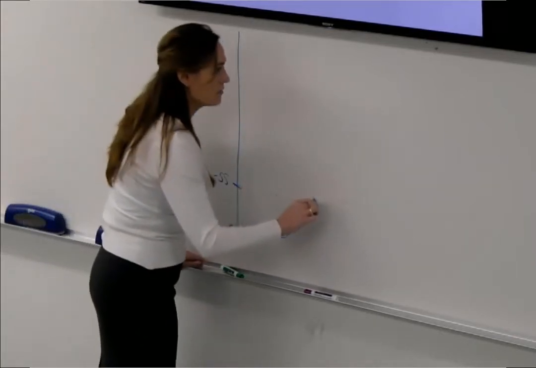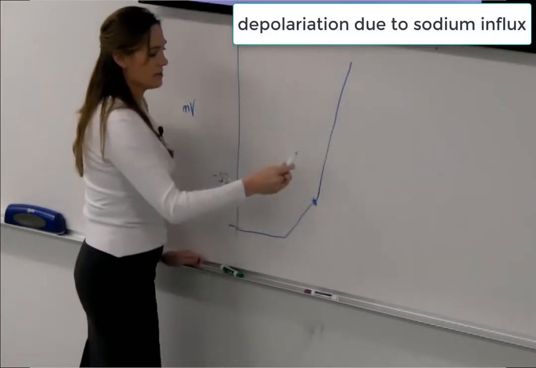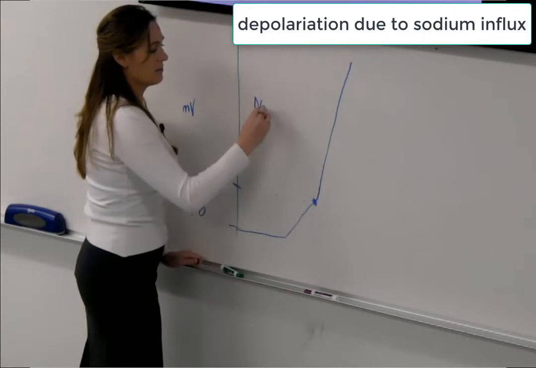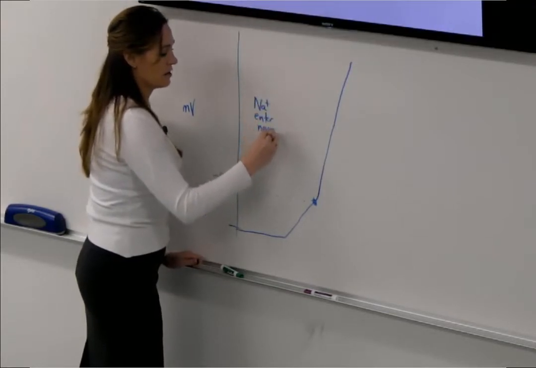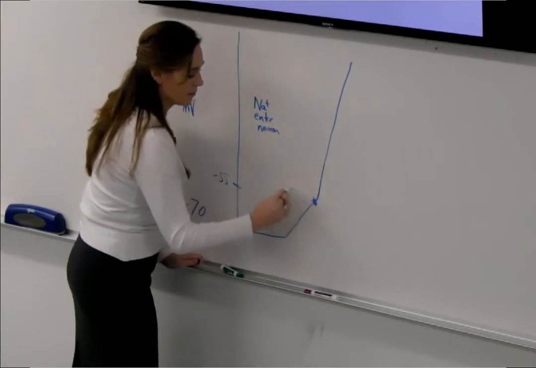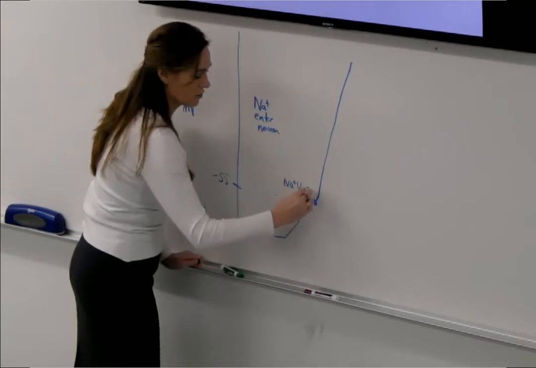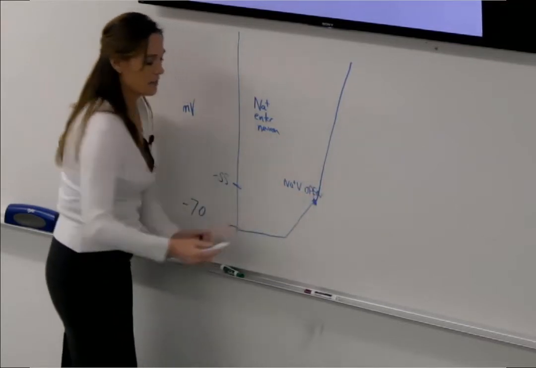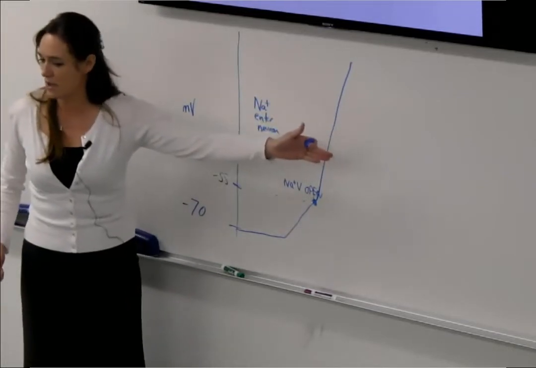And so then all of a sudden we shoot up. This upward movement means that sodium is entering the cell. I'm going to say enters the neuron, because at this point our sodium voltage channels are open. So at the dot, they opened, so sodium is now going to enter the cell.